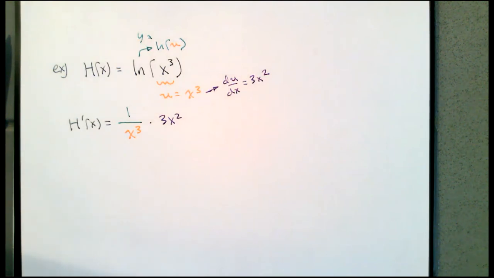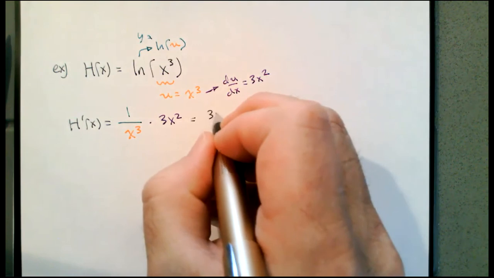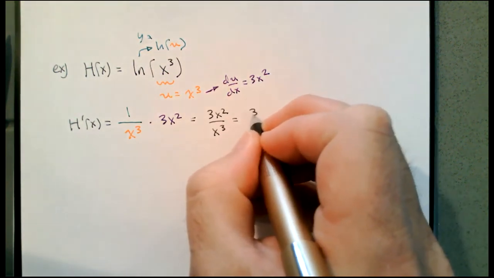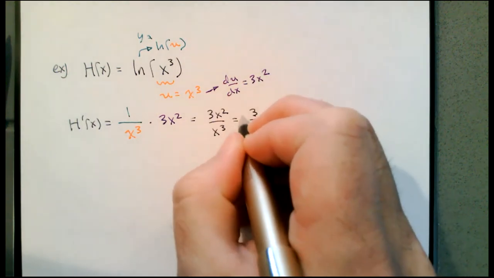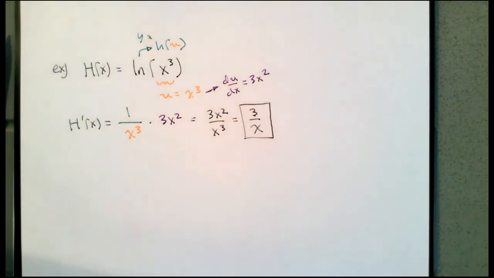If we simplify this, two of the factors of x cancel out. So we would just write this as 3x squared over x cubed, which is 3 over x. And once again, we might be thinking, how come when I cube the x, I only end up with 3 times the derivative of natural log of x?